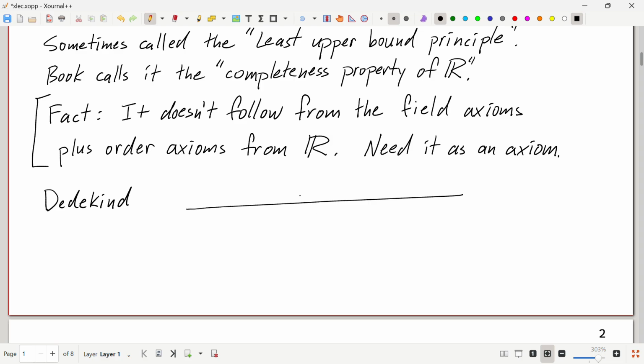So he would partition the rational numbers. And I would draw this little thing right here. I'll make the p's be less than, these p's to the left are all less than these q's to the right.